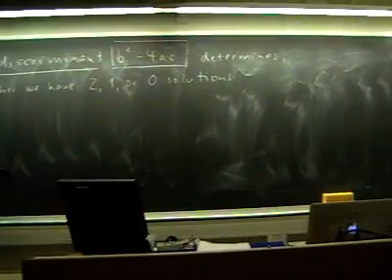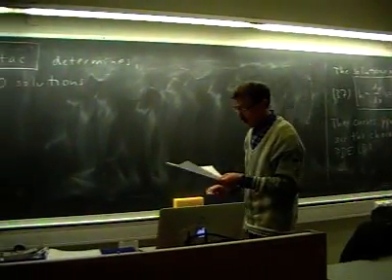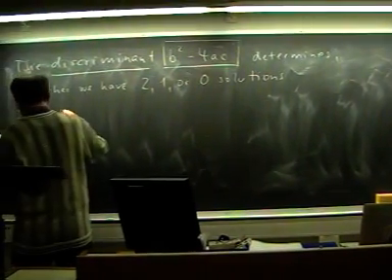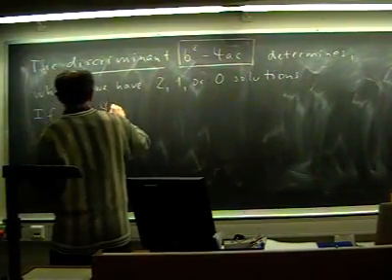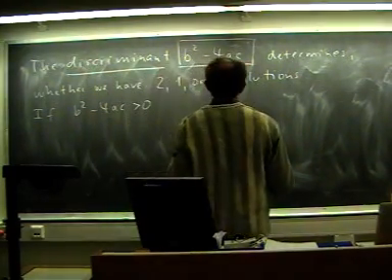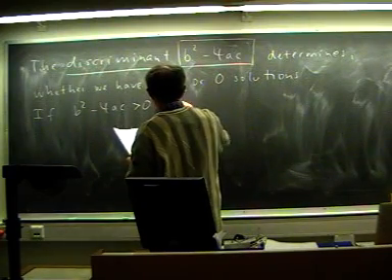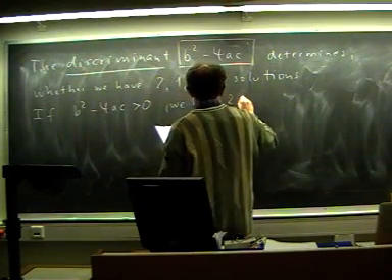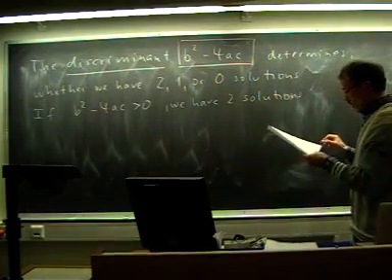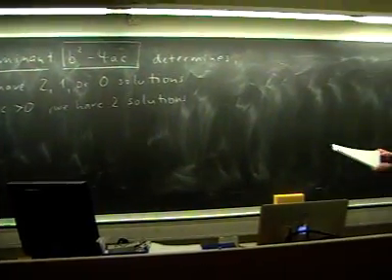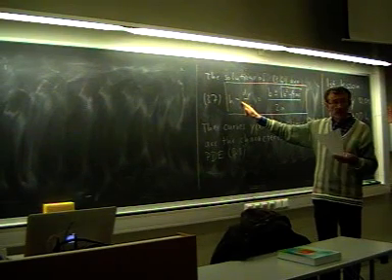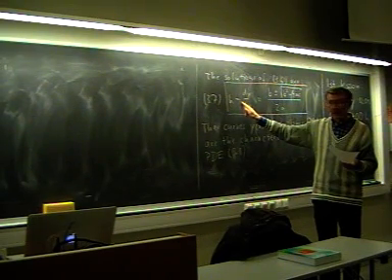So now we can do the classification. If the discriminant b squared minus 4ac is greater than 0, we have two solutions. So then we have two slopes, so we can define the two families of characteristics.